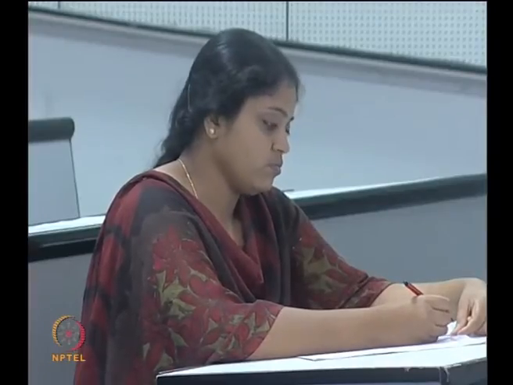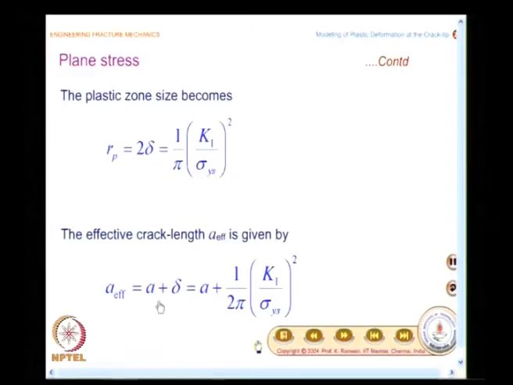That is why he said these are all not theories, but they are models which are applicable for certain kinds of situations when they satisfy the approximations. And you will also have to keep in mind the delta has a different symbolic representation when you go to EPFM, where it refers to CTOD rather than extension of crack length like this.